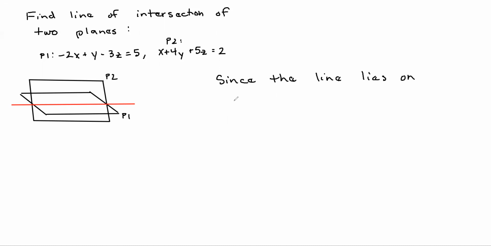And since it's on both planes, what is going to be true about the line relative to the normal vectors? The line is orthogonal to both normal vectors.